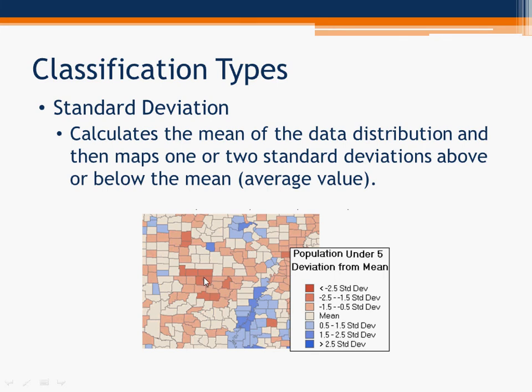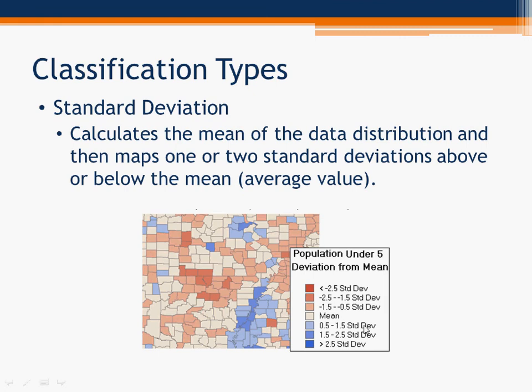As you start to get into these counties that have populations that are 2.5 to 1.5 standard deviations below the mean, obviously these are polygons that have populations well below the average for the entire data set, and these guys right here in the lighter colors are right around the average, and vice versa.